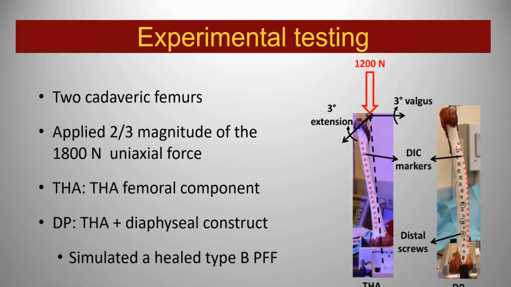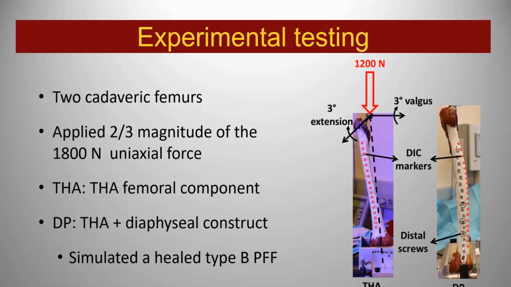Using the developed uniaxial loading configurations, we set up this experimental testing where we tested two cadaveric femurs. Because this is a cadaveric study and to protect the bone and the specimen, we applied 2/3 magnitude of the 1800 Newton uniaxial force.